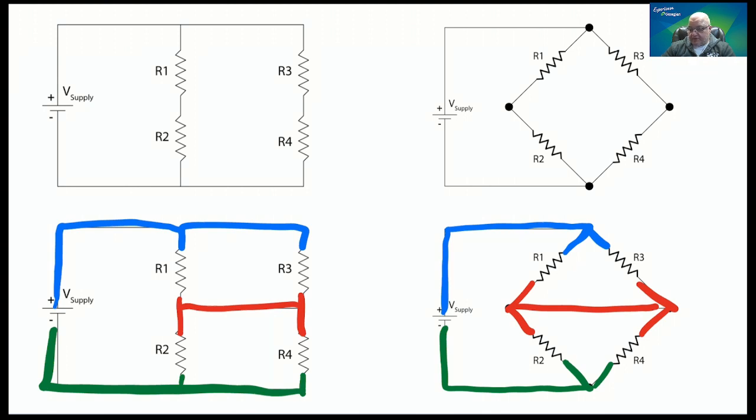R2 and R4 are also in parallel. So 1 and 3 are in parallel, 2 and 4 are in parallel. What we had before is 1 and 2 were in series, 3 and 4 were also in series. As you can see, things can get a little bit complicated, but please keep applying the same rules of the nodes, and you're always going to get the same results.